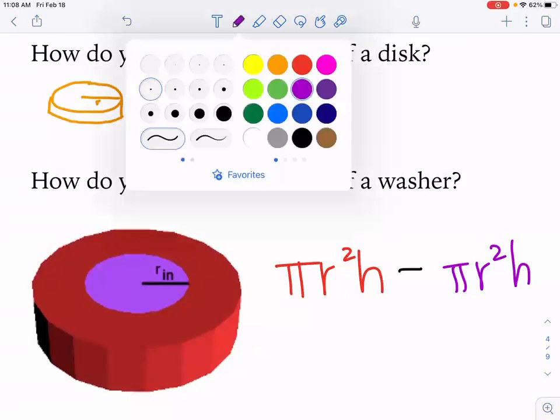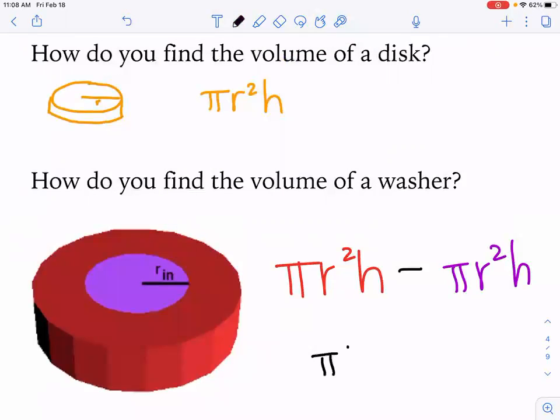Are you saying that I could factor out the pi h and we could take r squared minus r squared? Yeah. Interesting.